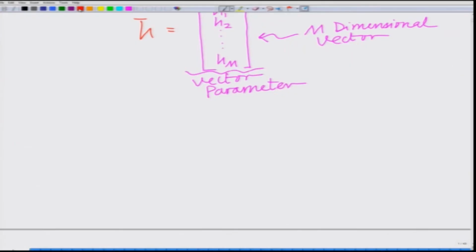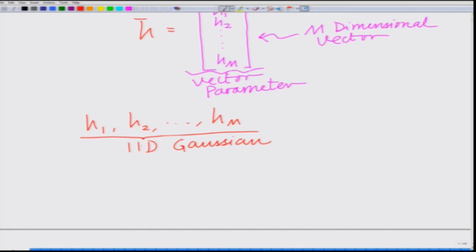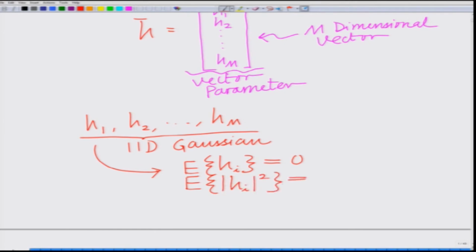Alright. So, to be more specific, we are considering H1, H2, up to Hm. These are IID Gaussian, which means independent identically distributed Gaussian, with expected value of each Hi equal to 0, that is the mean of each coefficient Hi equal to 0, and the variance, expected magnitude Hi square, equals sigma h square.